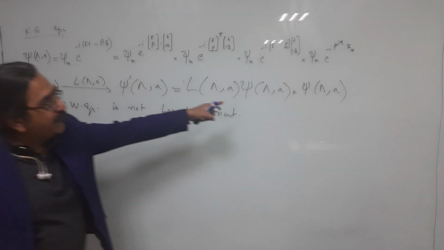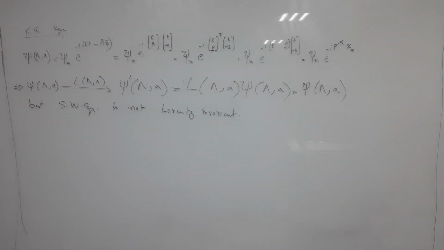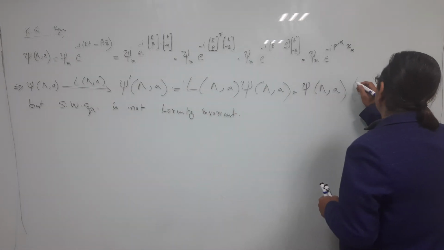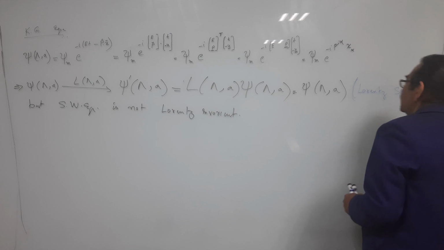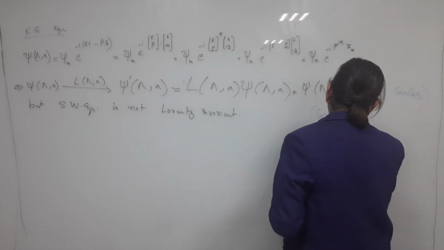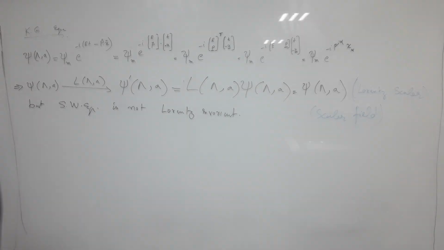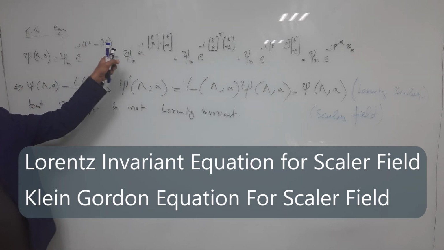This field, however, is called a Lorentz scalar. This is a scalar field. Actually, this is the Lorentz invariant term.